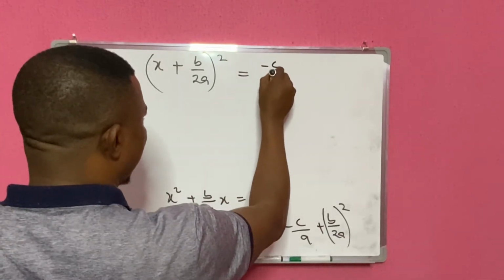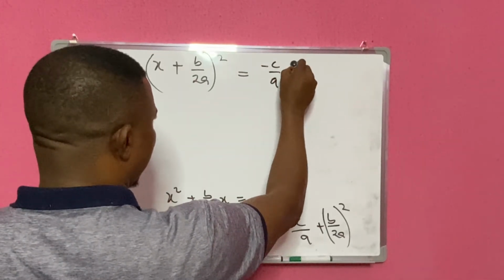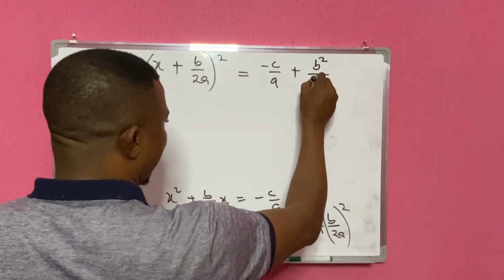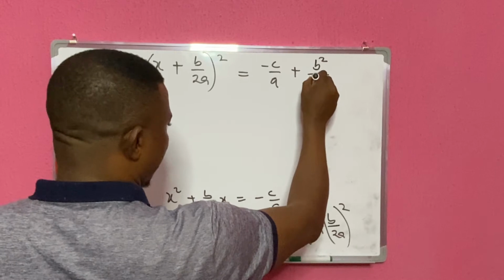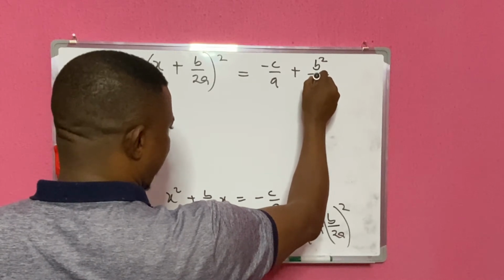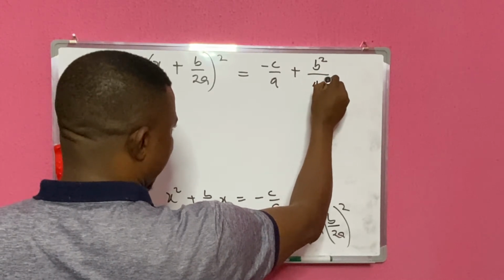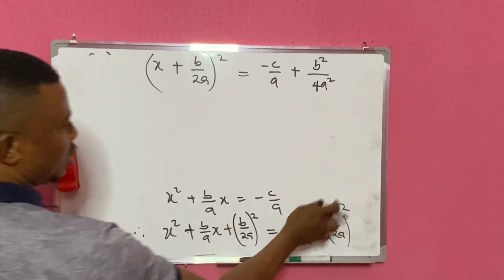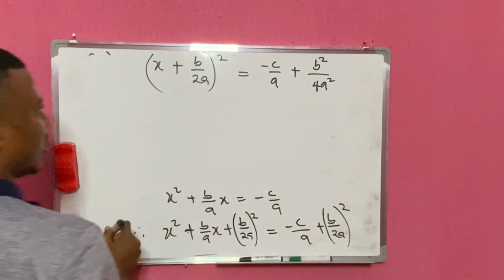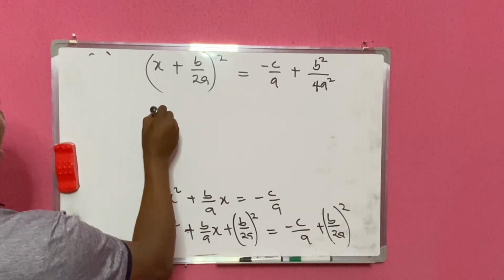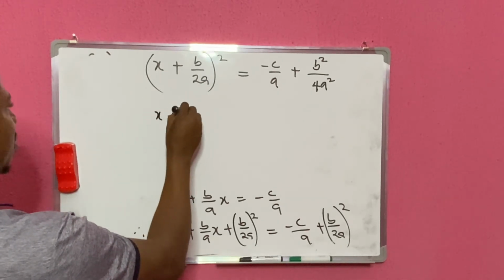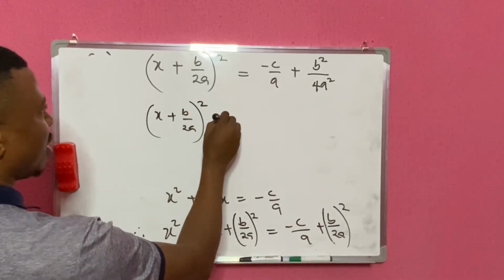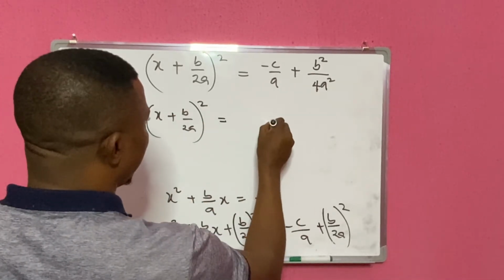Minus c over a plus b squared all over 2a squared. Now, x plus b over 2a all squared will give us, what is the LCM?